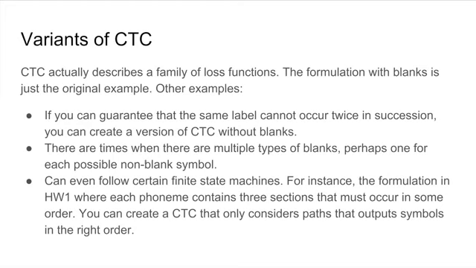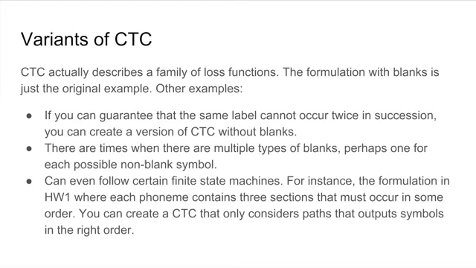There are other ways that we can place constraints on our outputs that are useful and don't follow this method, even though the methods that we've described are very common and implemented natively in some of the frameworks that we're going to use. For example, we can get rid of the blank. If we can guarantee that the same label can't occur twice in succession, which is the case for some simple varieties, then we can just create a version of CTC without blanks.